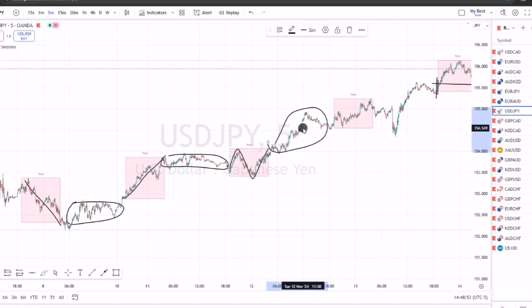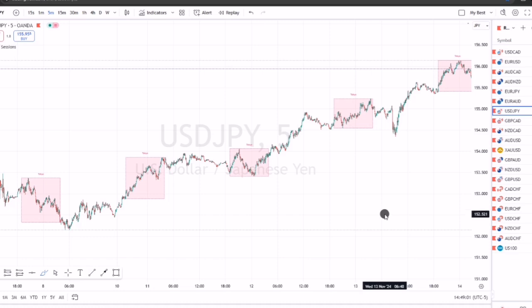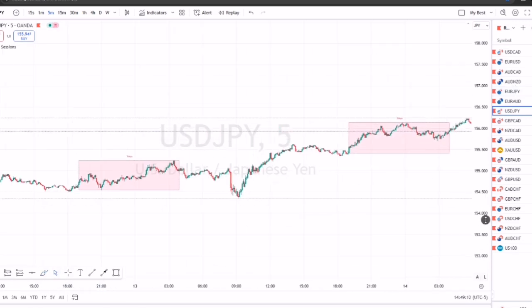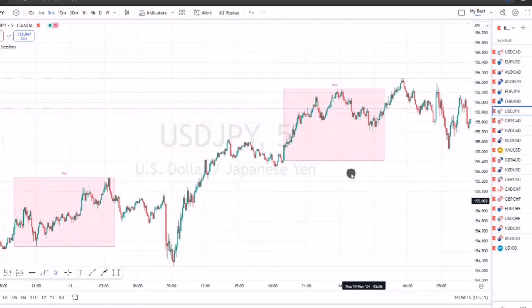It wasn't ranging that much, but usually in between it is ranging. That is why for every pair I usually find the right session for it, okay? And for this one, USD JPY, Euro JPY, it is the Tokyo session. Of course, it might seem to be moving even during the New York, but the best time is the Tokyo session.